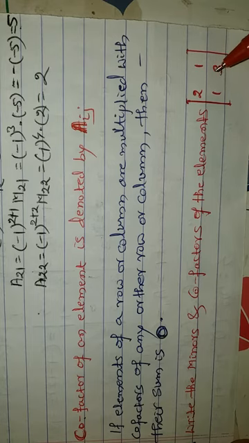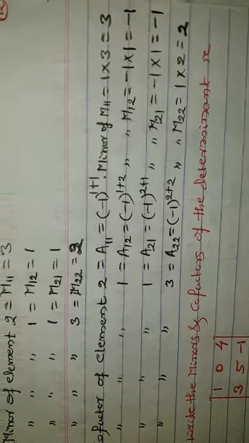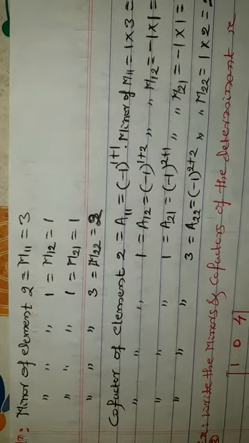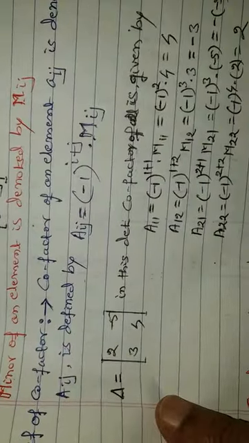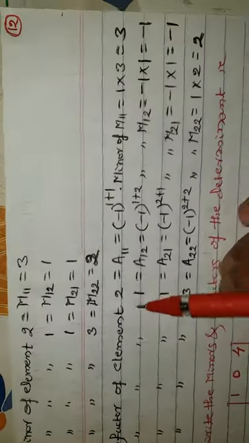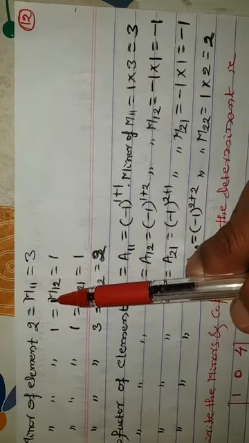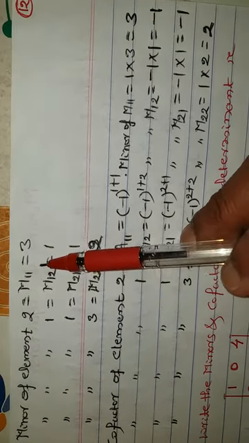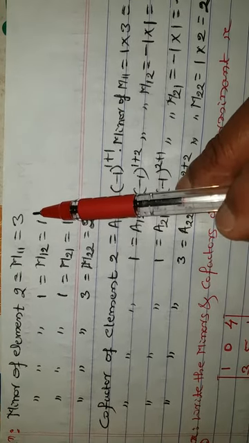The minor of element 2 is the first element, belonging to the first row, first column. Hence, the minor of the element 2 is denoted by M11, and that equals 3.